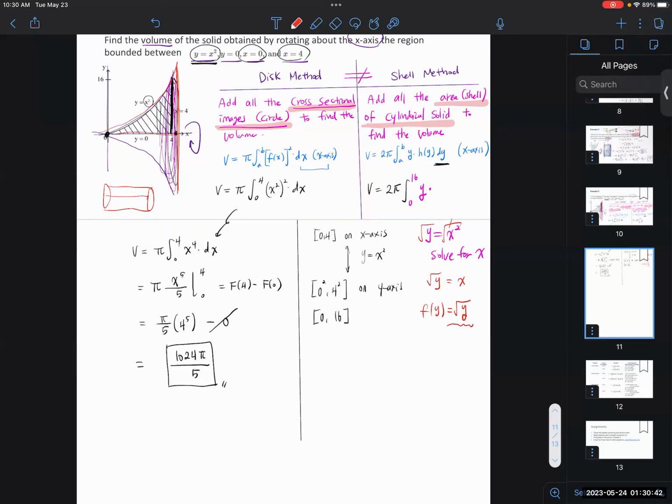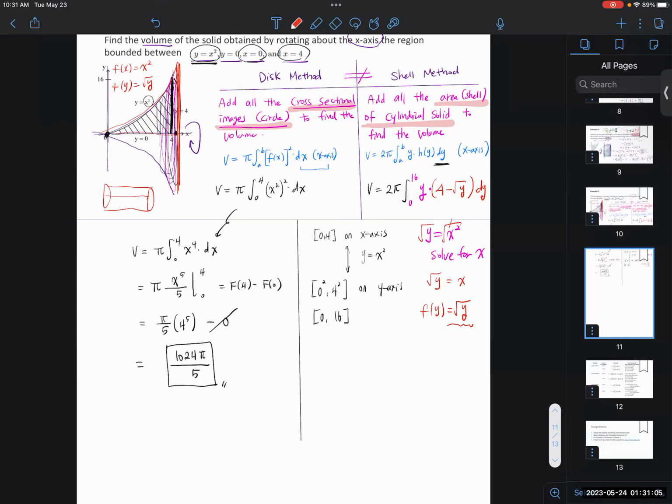The height function: this one we converted to radical y. The f of x was x squared, but now f of y equals radical y, but you stop right there, correct? So the height function is going to be 4 minus radical y. That's a little bit of a tricky one.